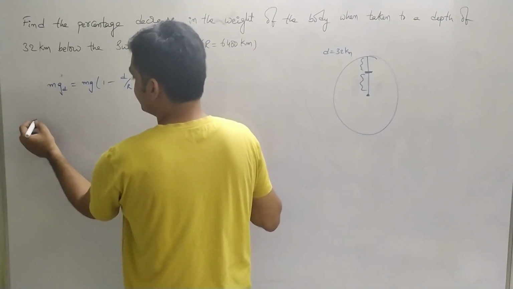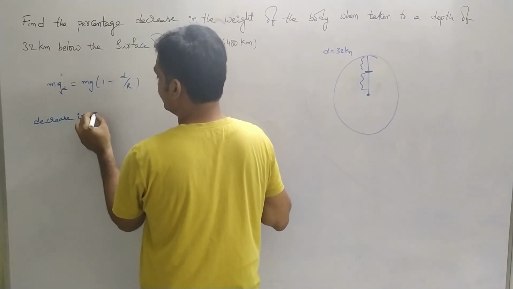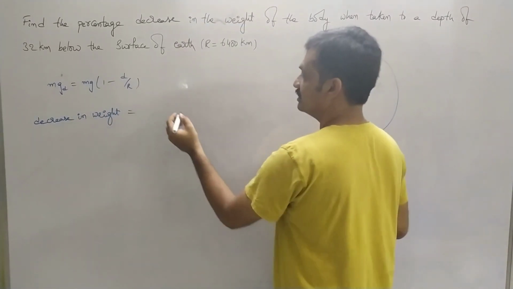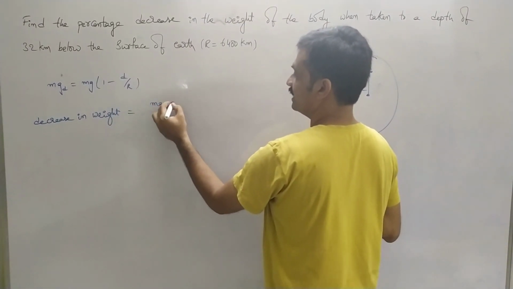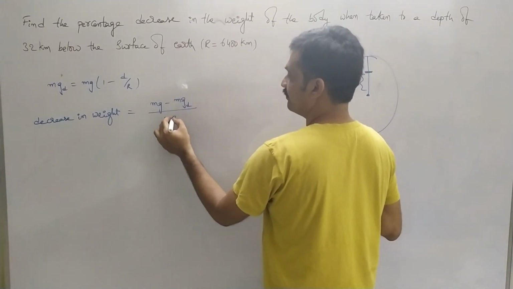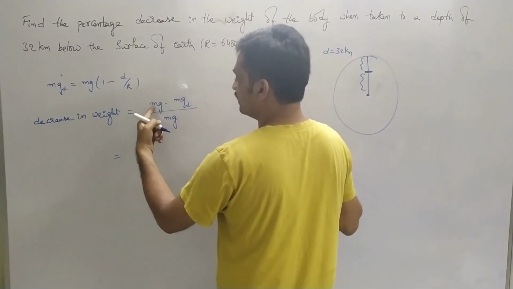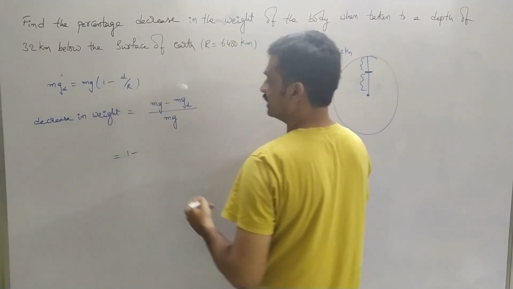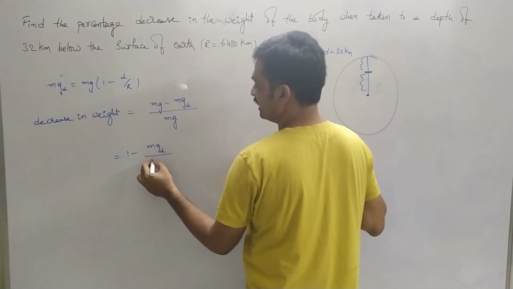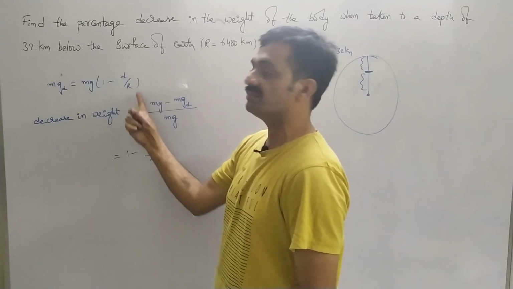Whereas decrease in weight equals original weight minus weight at depth d, by weight of the body. As we do LCM, observe that mg by mg is nothing but 1, so 1 minus m into g suffix d by mg, where m into g suffix d equals mg into 1 minus d by r.